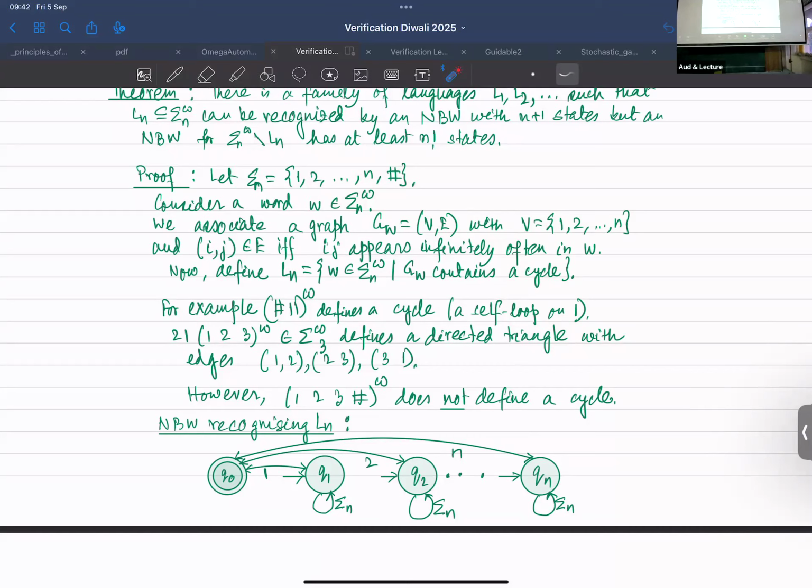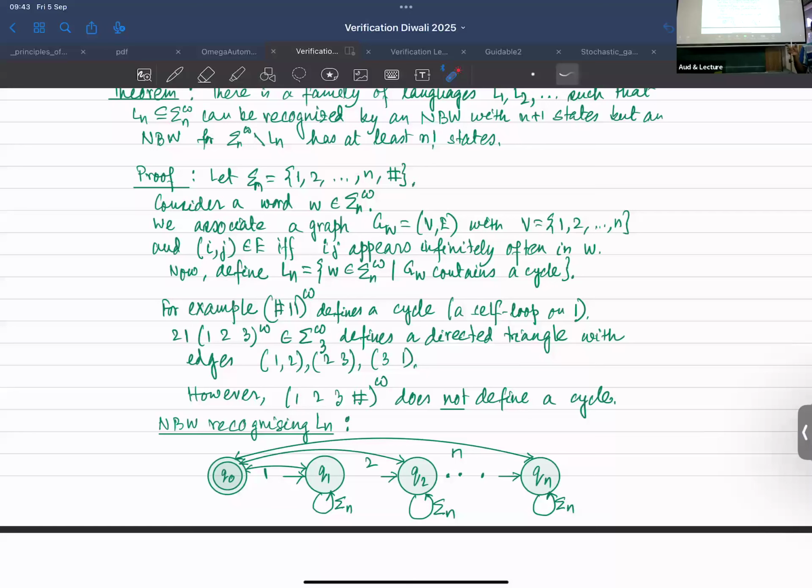Now I'm saying that an edge (i, j) appears in the graph G_W if the subword ij appears in W infinitely many times. Is it clear?